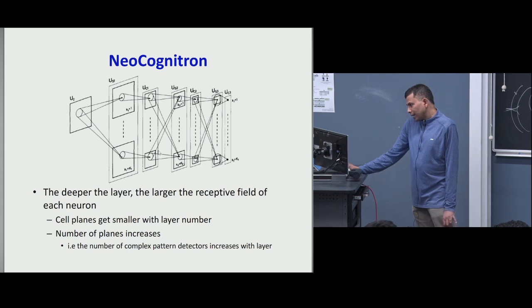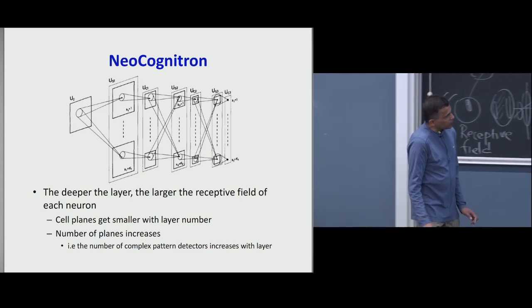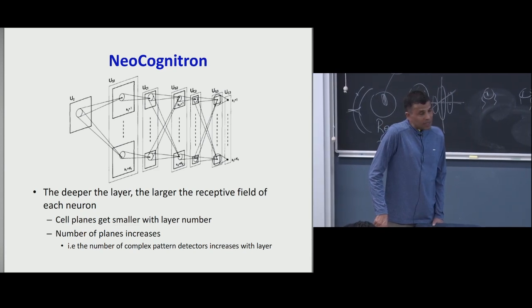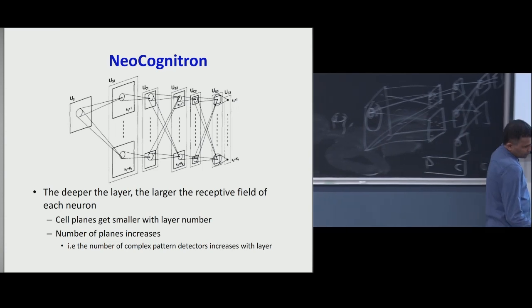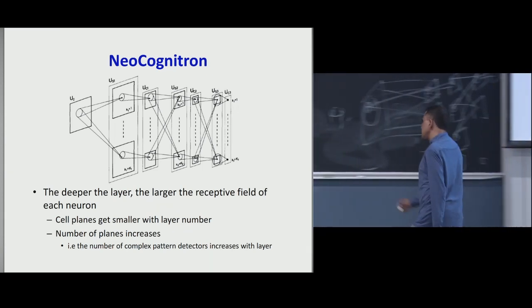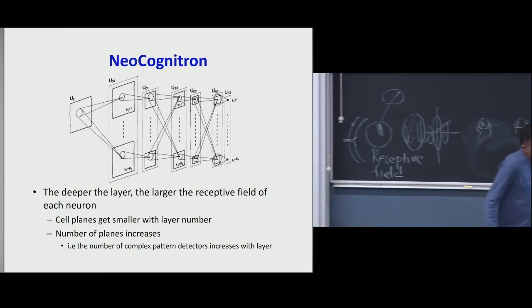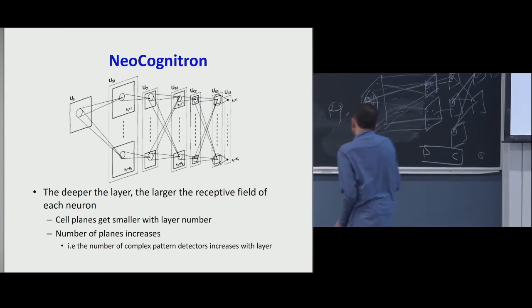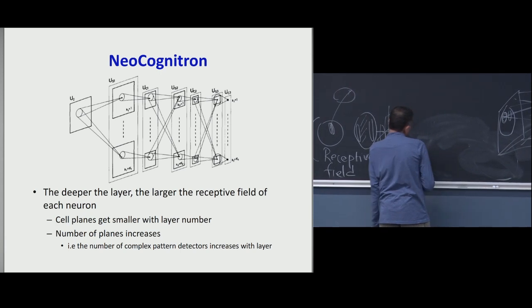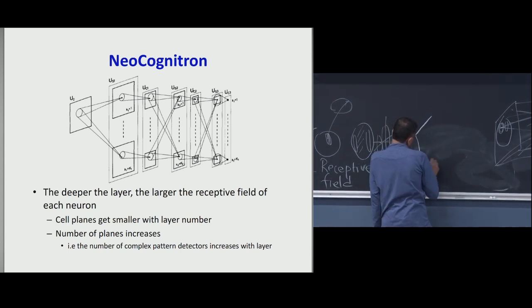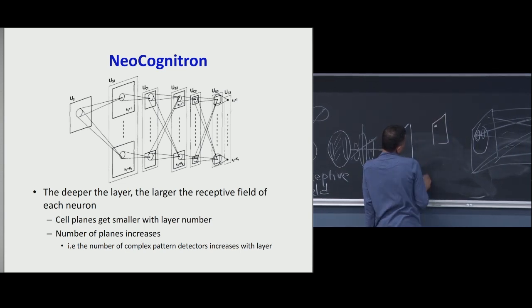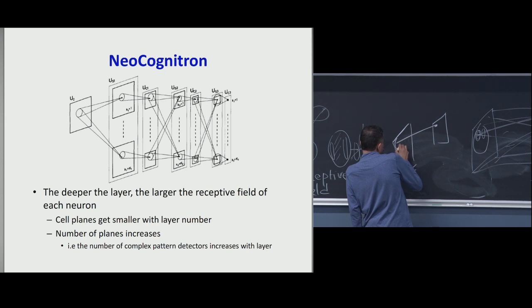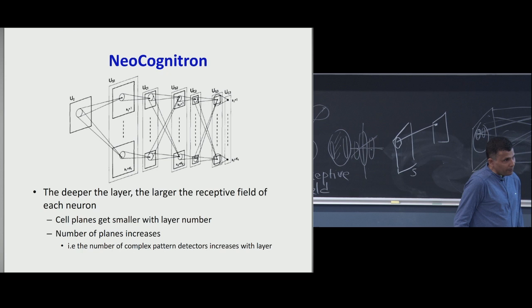Now, the deeper the layer, the larger the receptive field of each neuron. And something interesting also happens. Let's say you have an S plane, and in the C plane you've got one cell over here looking in this region for vertical slits, which correspond to your grandmother's eye.